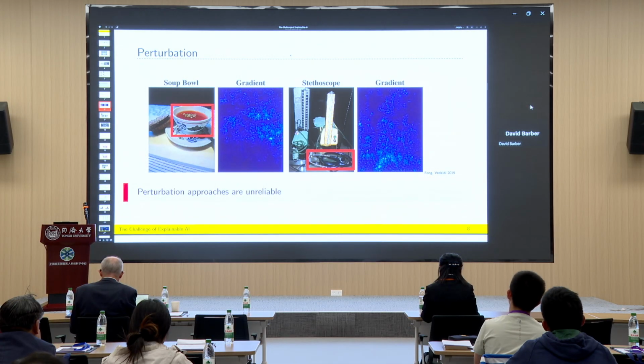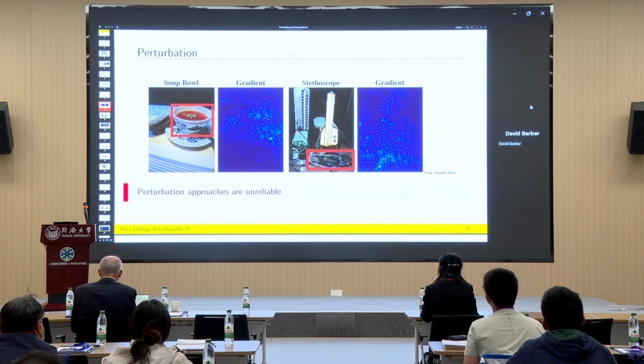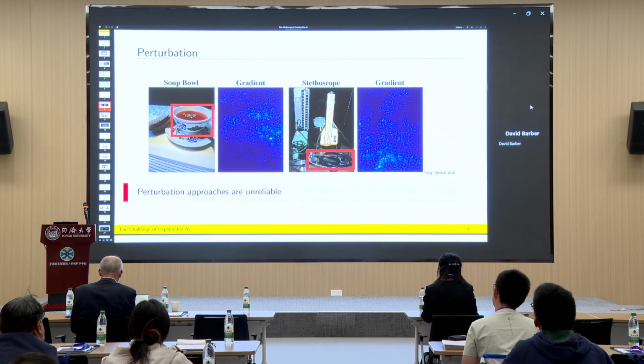So this is a typical approach that is currently taken. You've got some trained vision system, and you then try to understand it by saying, okay, here on the left is a picture of a soup bowl. How can I perturb the pixels in this image to make it look even more like a soup bowl? So these are perturbative gradient-based approaches. And the second image is actually what comes up.